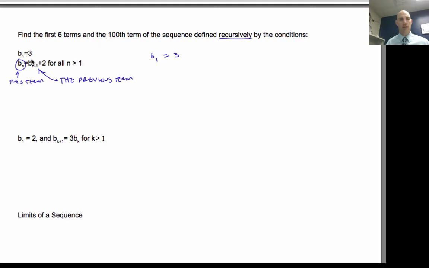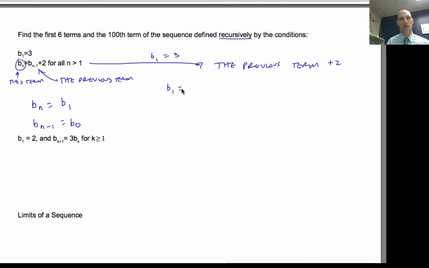So b sub n minus 1 means the one before it. If b sub n is equal to b sub 1, then b sub n minus 1 is equal to b sub 0. Okay, it's the one before. So if I'm trying to figure out what the next term is, it's the previous term plus 2.